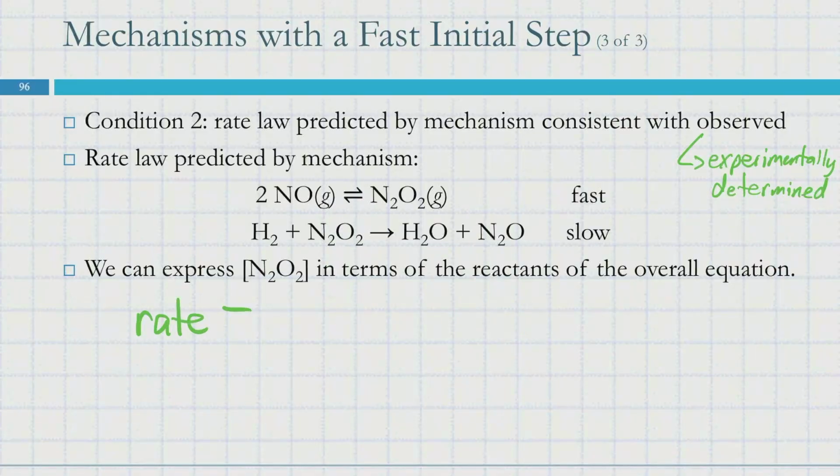So our rate is equal to, for the 2NO, K, we'll call it K1 because it's the first step, times the concentration of NO raised to the second power because of that coefficient of 2.